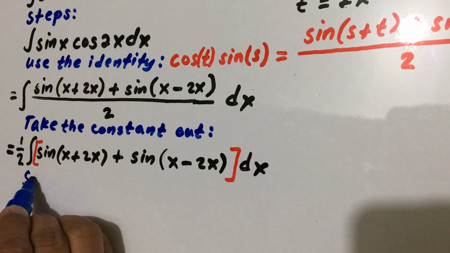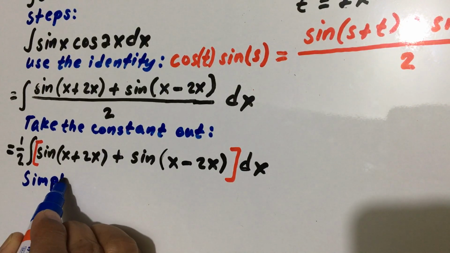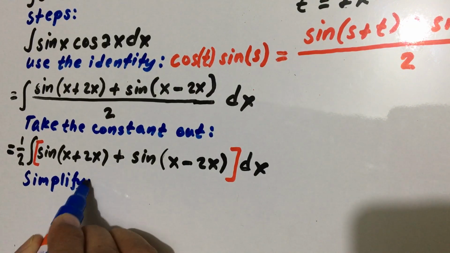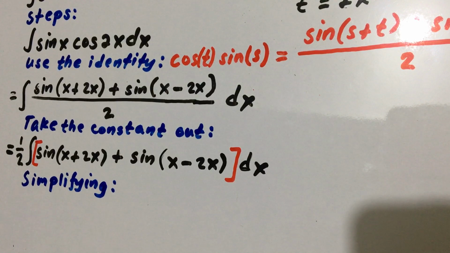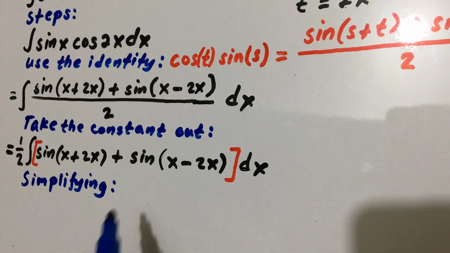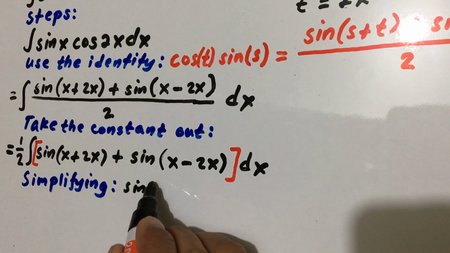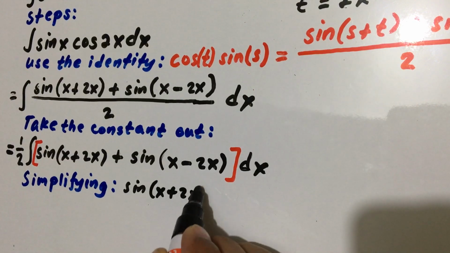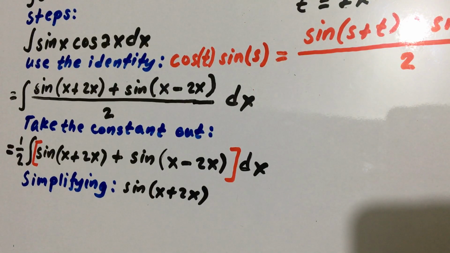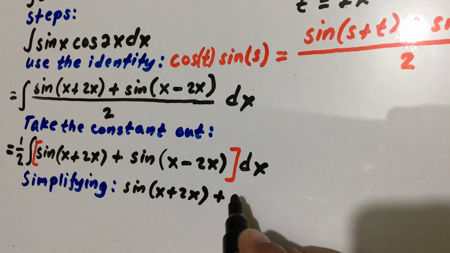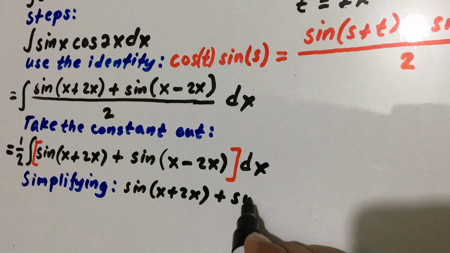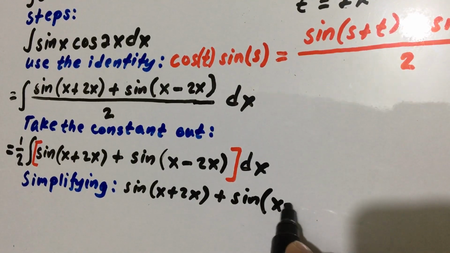So simplifying, we have to simplify sine(x + 2x) plus sine(x - 2x).